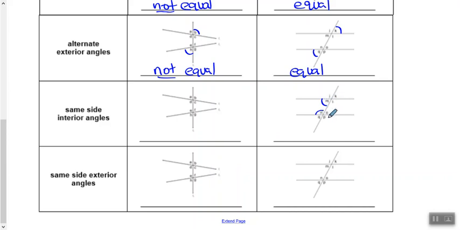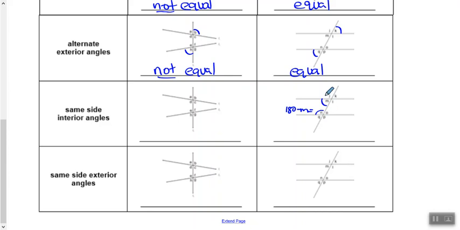Now remember, M and O, being alternate interior, are going to be equal, right? So this angle is going to be equal to M. Now if I take a look, I have 180 degrees here on this line. So N and O will be 180 degrees, which means to figure out N, I could do 180 degrees minus O. But I figured out that O is the same as M. So to find N, I could do 180 degrees minus M, which means that if I add M and N together, I'm going to get 180 degrees.